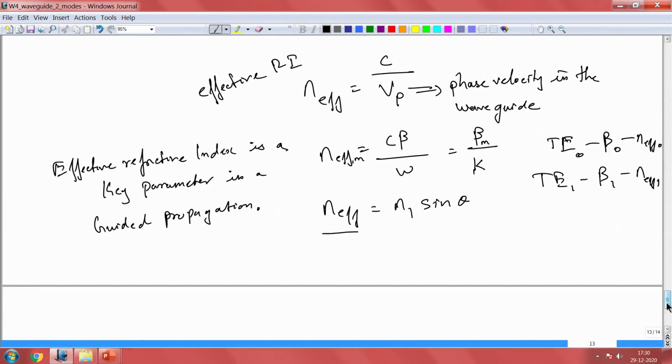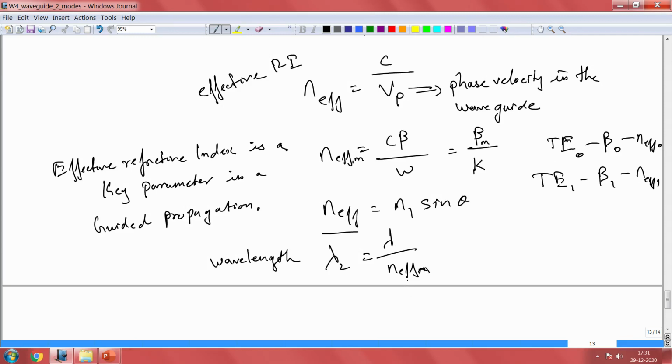Now the wavelength that we measure along the z direction is given by lambda over n effective. With this effective refractive index, the wavelength also changes, and this is also a function of the mode, m.